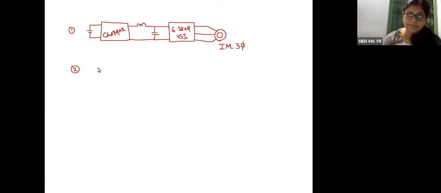So the three-phase AC source which we have is fed to a three-phase rectifier.